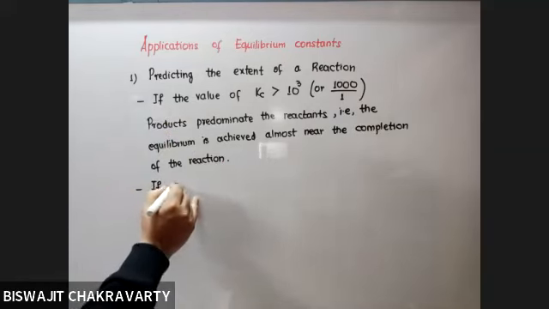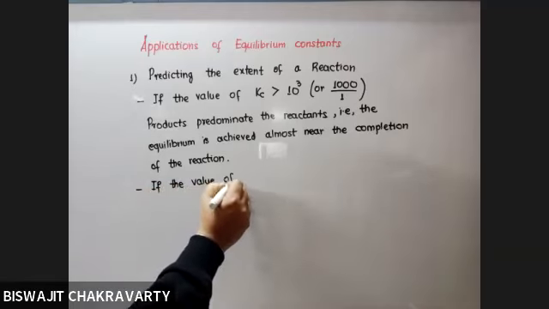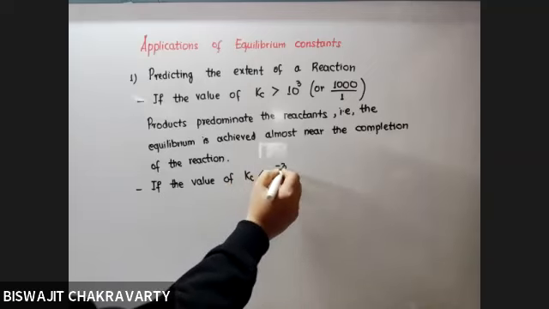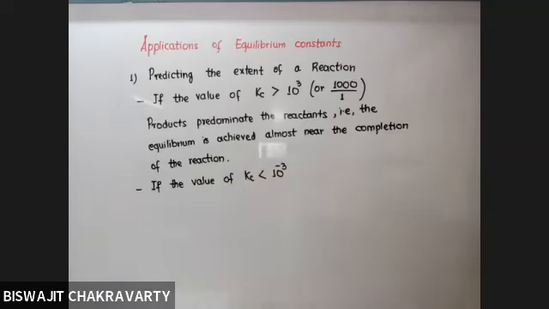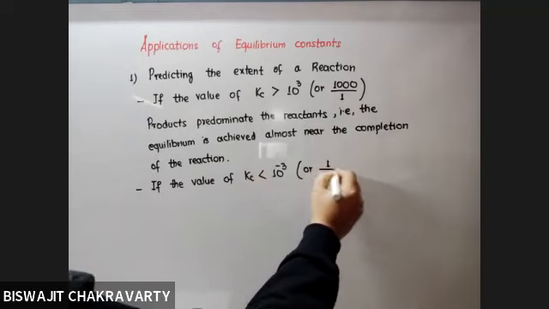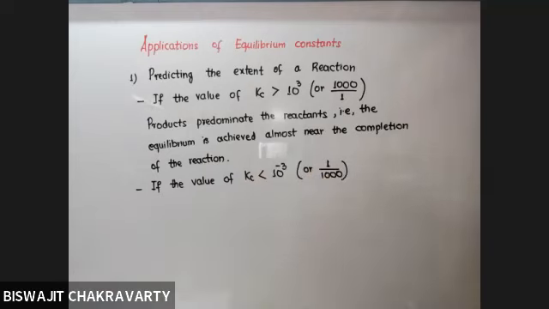If the value of Kc is less than 10 to the power minus 3. আচ্ছা, less than 10 to the power minus 3 মানে কি? মানে 1/1000. 1/1000 এতকৈ কম. So here, who is present in large amount when equilibrium is established?